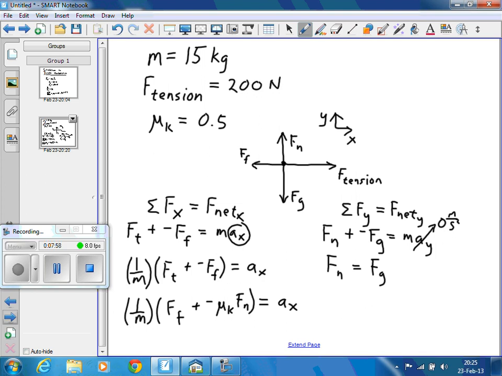Now we're getting somewhere. I have 1 over mass times the tension force plus negative coefficient of friction times gravity force all together equals the acceleration of the box in the x direction.